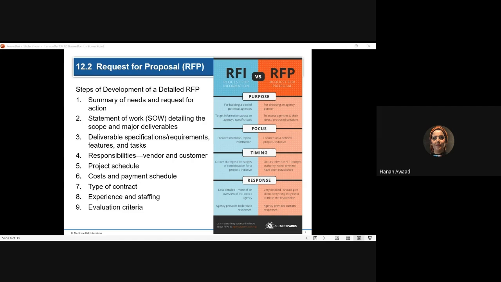So each supplier or vendor or subcontractor will receive the same request for proposal. And these are the criteria that we will evaluate all the proposals, and we will end up selecting one of the suppliers.